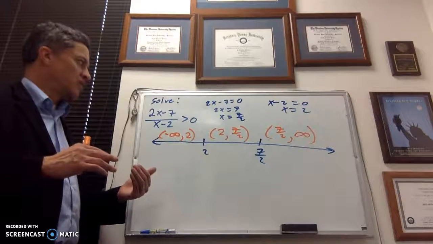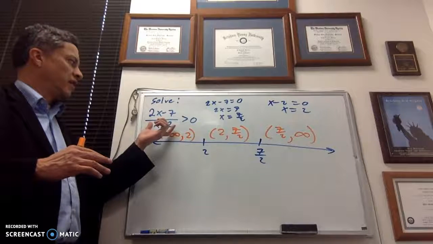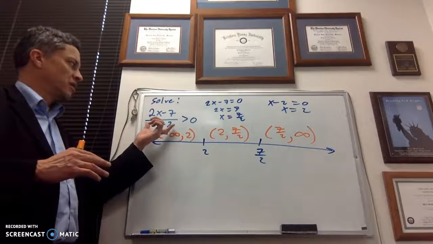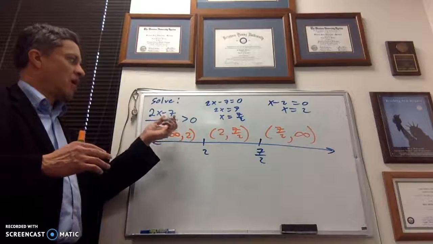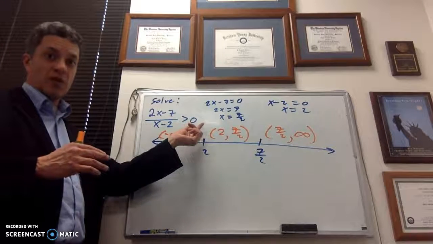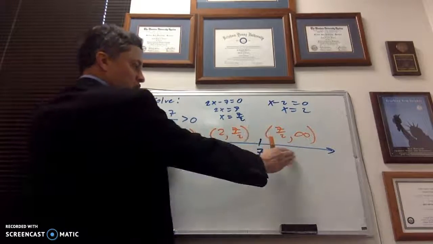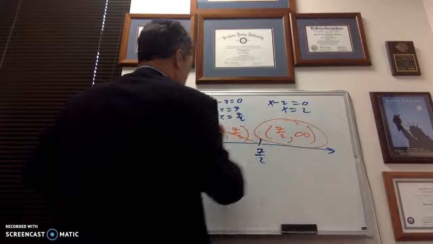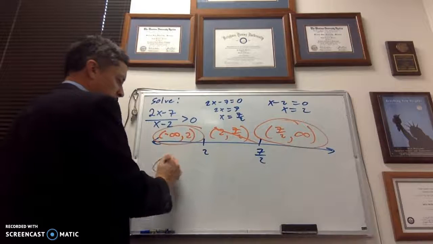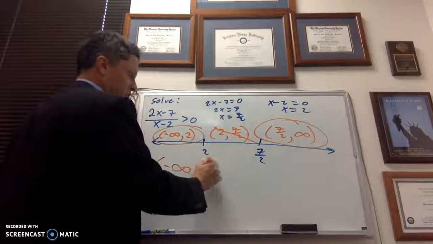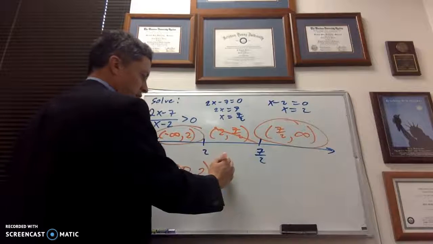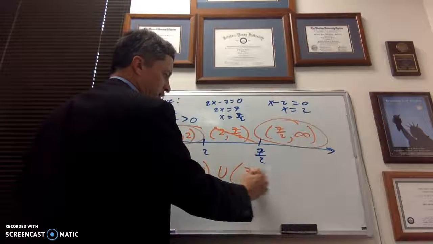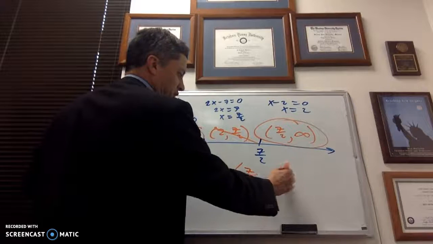And what that shortcut is, is this. If my two factors, multiplied or divided together, are greater than 0, my answer is going to be the 2 outside intervals and not the middle interval. So I've done like 6 of these so far, and in all of them I think I've tested all the different intervals.